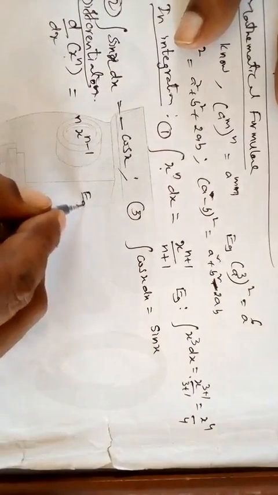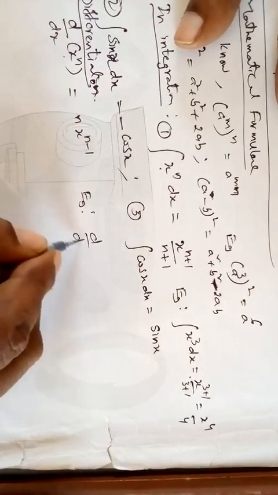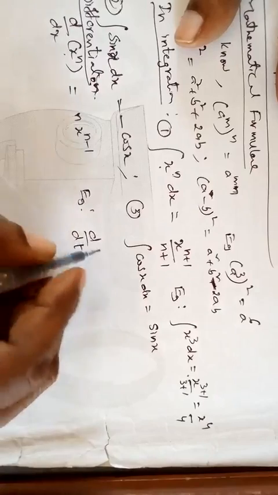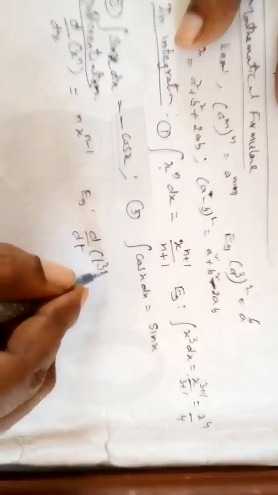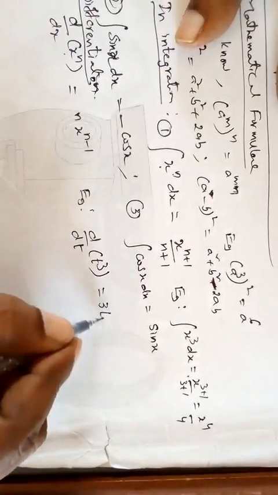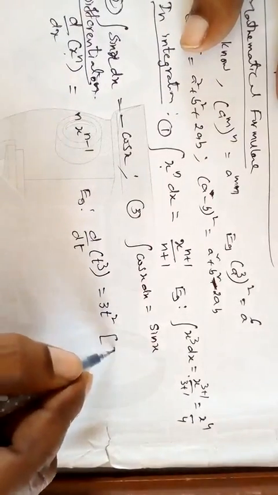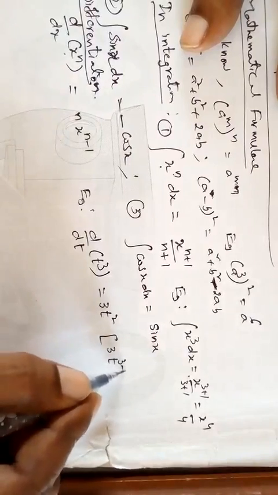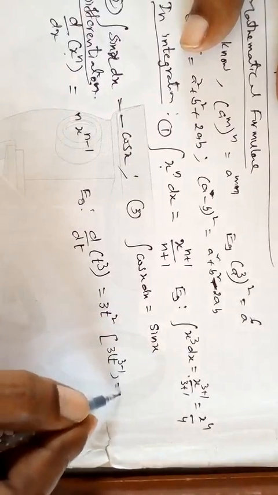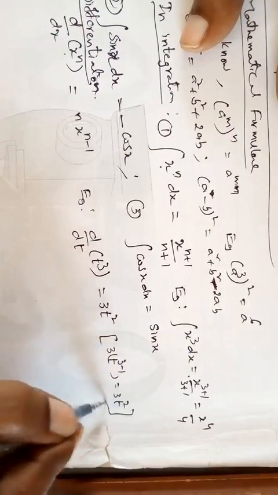For example, d by dt of t cube is equal to 3 into t square. How? It is 3 into t raised to 3 minus 1, which equals 3 into t square.